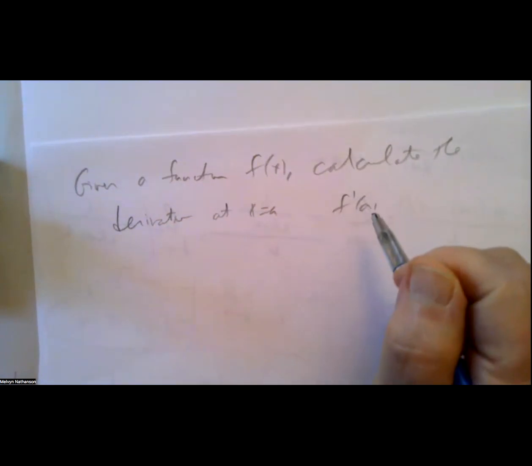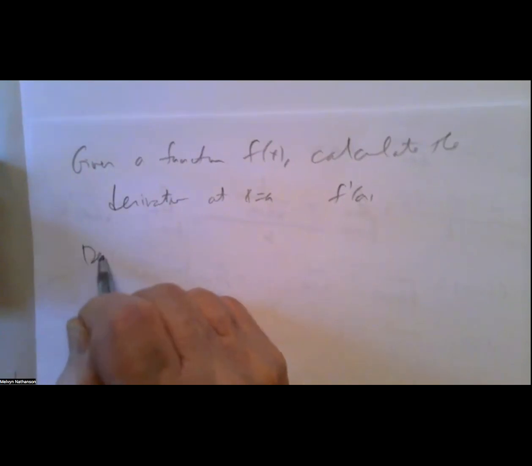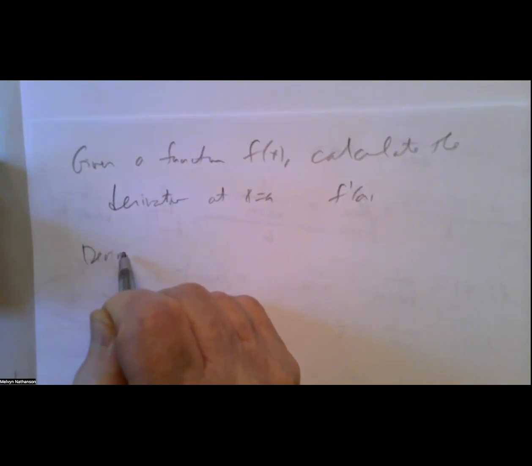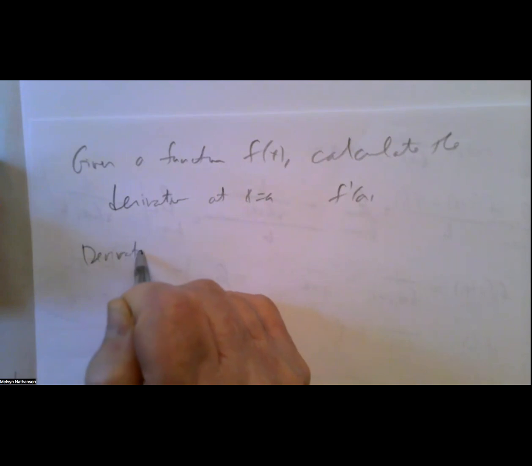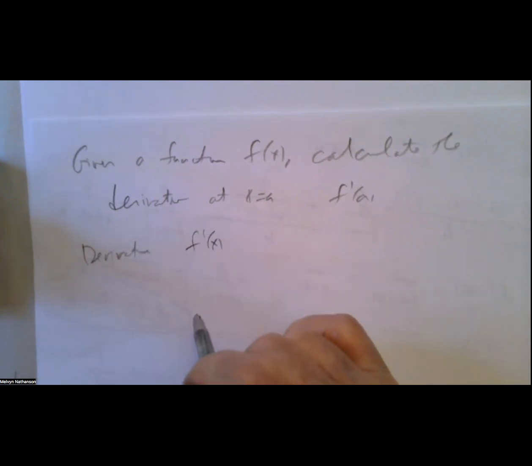Call that f prime of a. But if you can do it for any point, we can just as well call the variable x. So we have the derivative of the function is f prime of x.